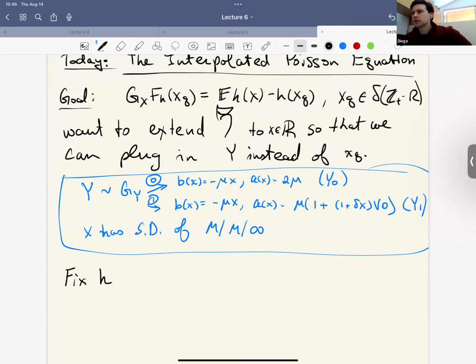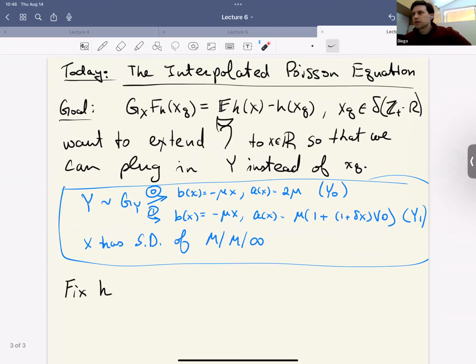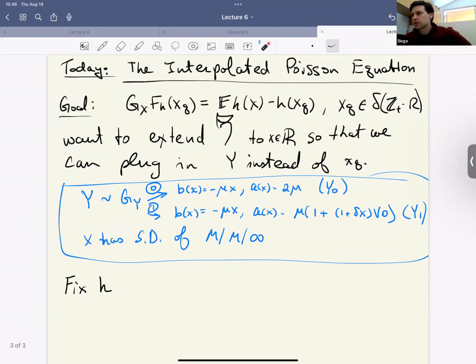And solve that equation. Yes, like extend the transition rates to the real line, and then you get a new equation, and you can consider functions h that are defined in the entire real line. So why is it that you don't do that, and you try to construct an explicit extension?